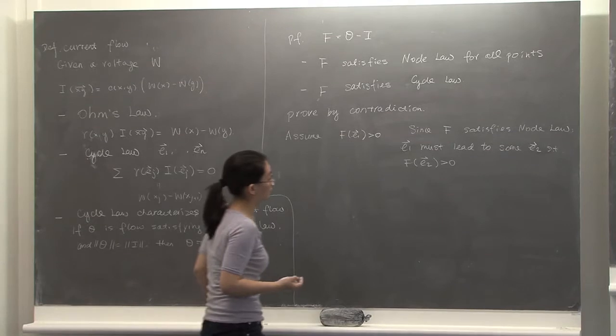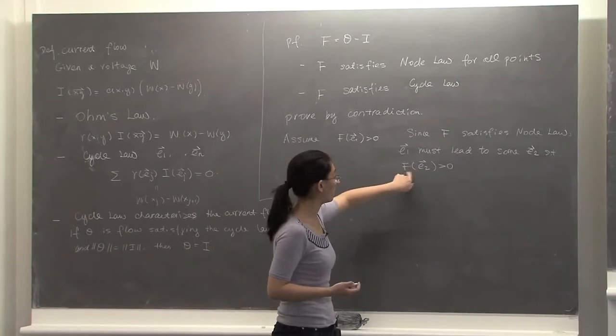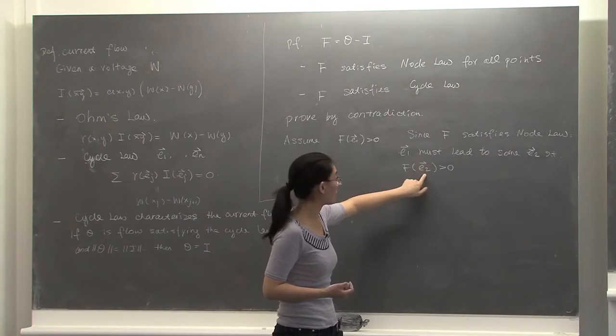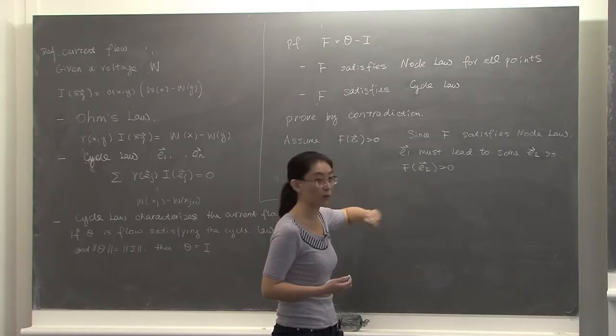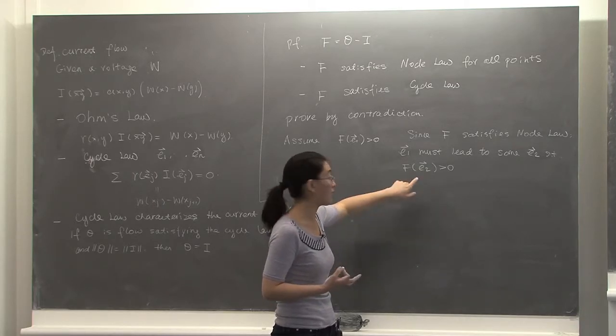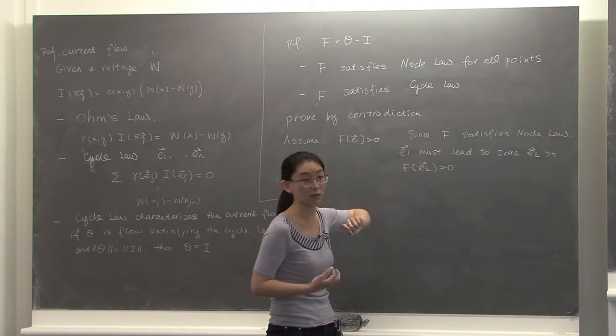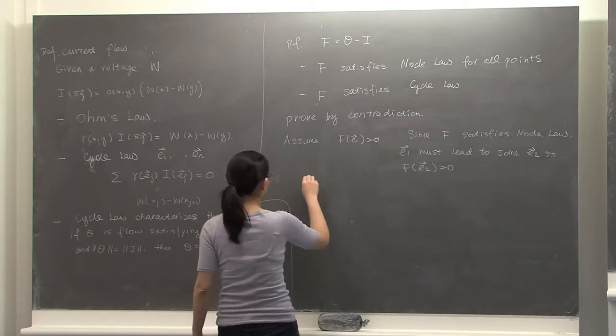And then we repeat the same procedure. So E2, f is strictly positive. And since f satisfies the node law, E2 also leads to another edge, E3, such that f is strictly positive. So in this way, we have a sequence.